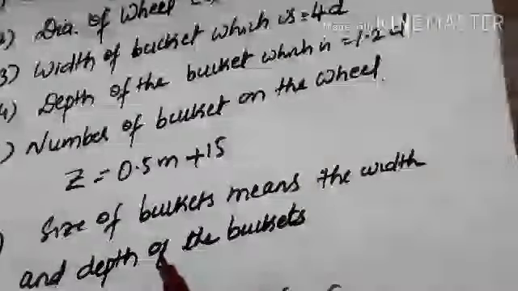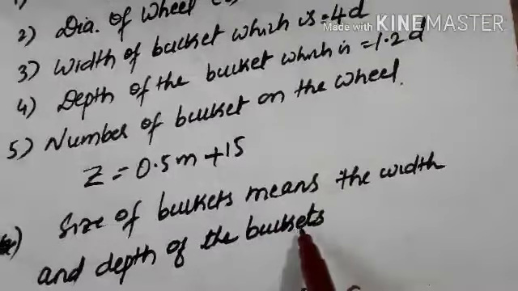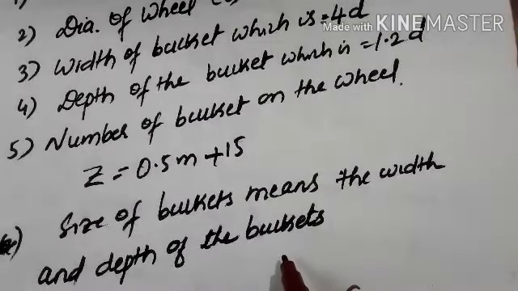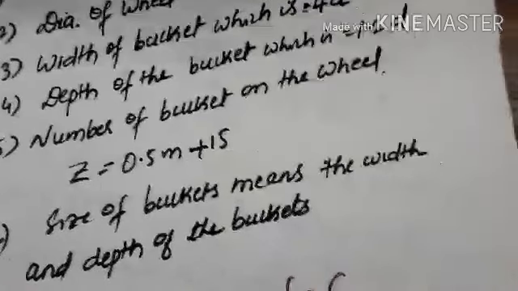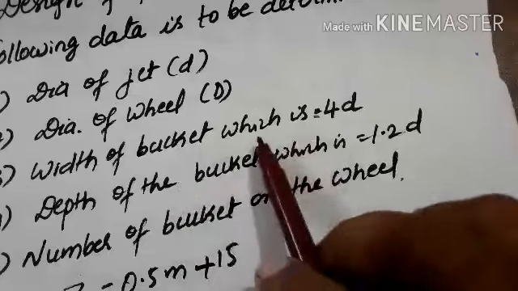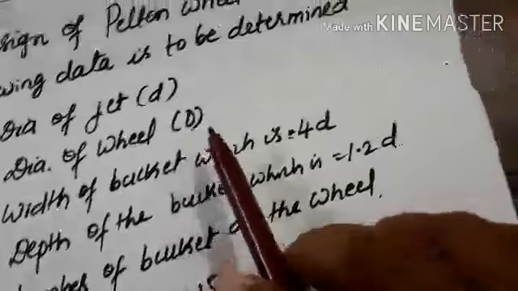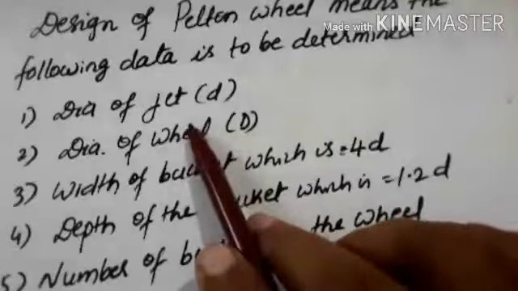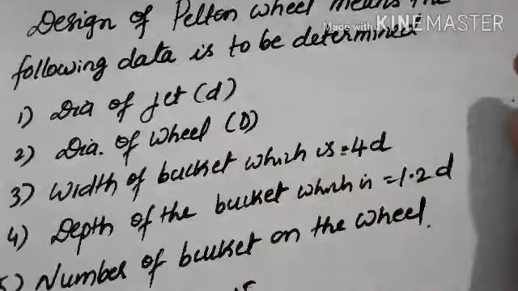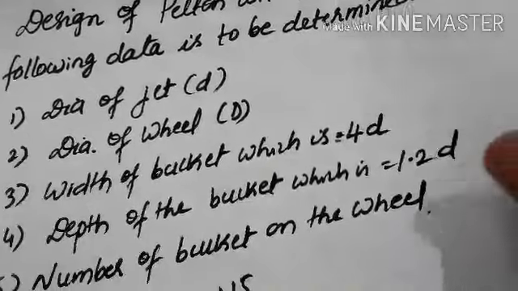Then the size of the bucket means the width and depth of buckets are to be calculated. So all the dimensions are proportioned by using the diameter of jet here. So this is the design of a Pelton wheel.